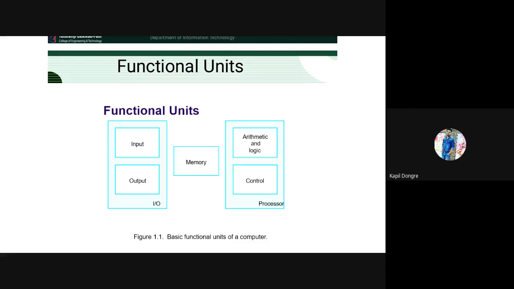Any instruction we want to execute in memory, at the same time we require the input, and we get one particular output. In that we require the memory, arithmetic and logic unit, and controller, where the processor consists of the controller and arithmetic and logic units.